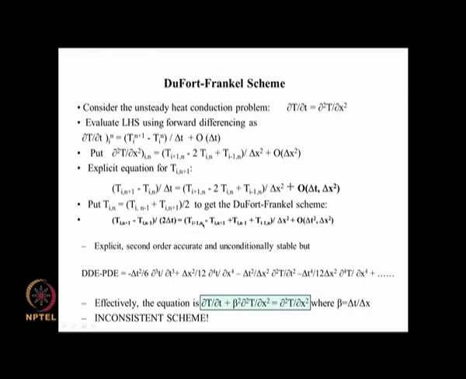Here you have T_(i+1) at n, and you have T_i^(n−1), so the previous time step, so this is known, and T_(i−1)^n, so this is known here. So, the resulting equation is explicit, and we can show through a Taylor series expansion this is actually second order accurate in time and second order accurate in space.